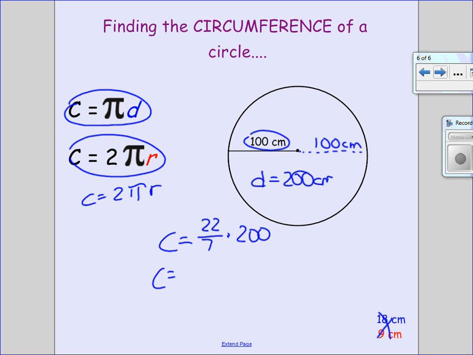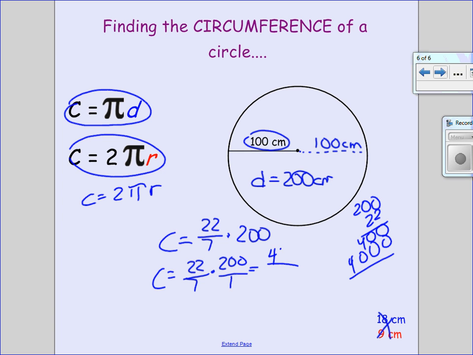Okay, so that means 22 over 7 times 200 over 1, which gives me, let's see, 200 times 22, 4,400 over 7. Whew, good thing we can use calculators, because then we'd have to reduce or divide our fraction, 4400. So 7 goes into 44, 6 times, which is 42.